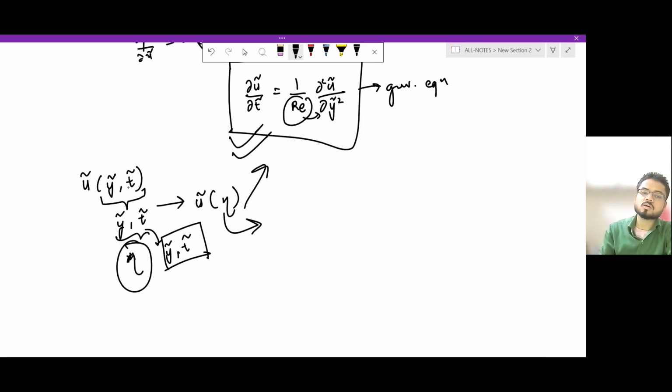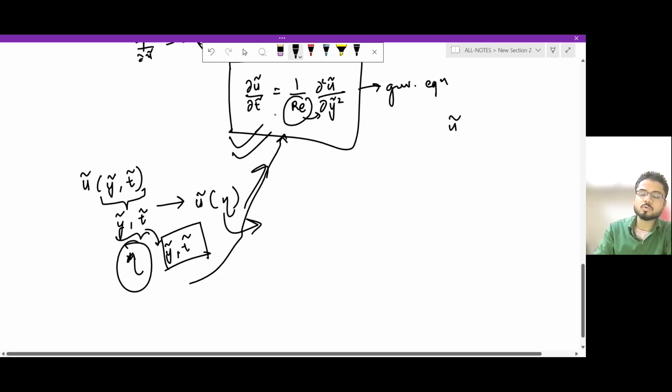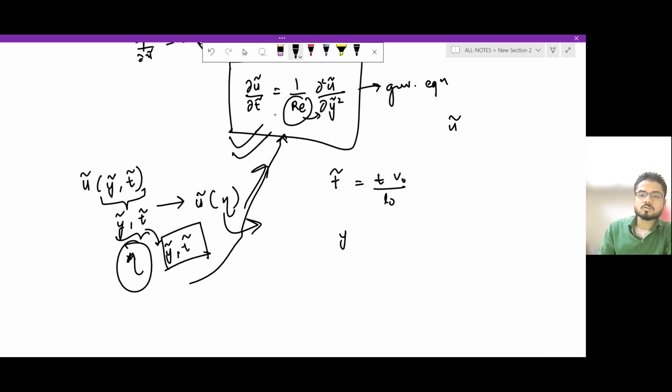So what we need to do is unlock the dimensions of this equation. How would you do that? It can be done like this. Now u tilde is already a dimensionless number, so we won't be touching that at the moment. Just replace this t with t times V naught divided by L naught, and this y would be y over L naught.